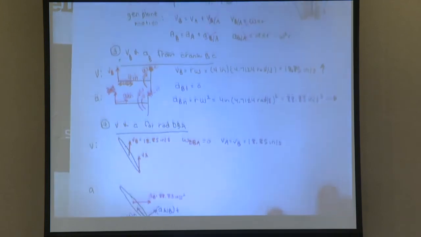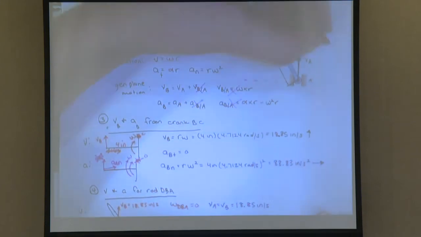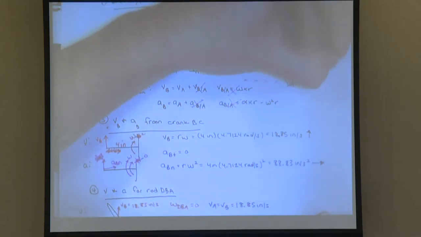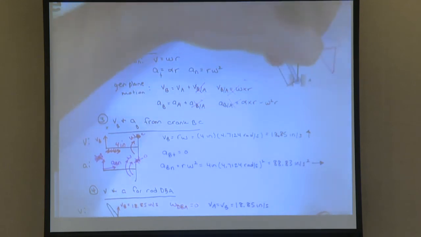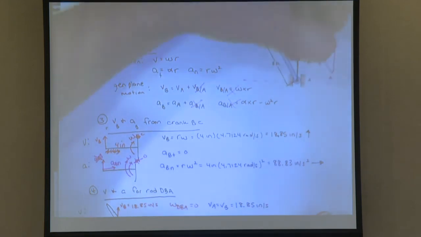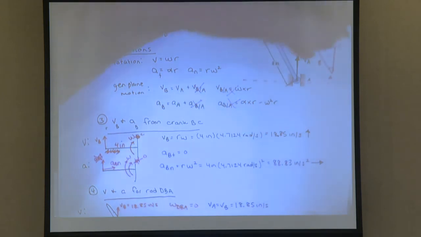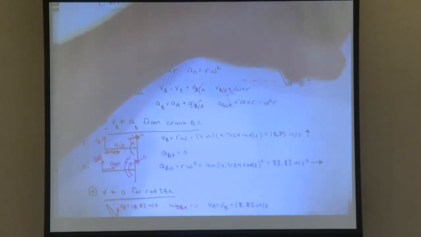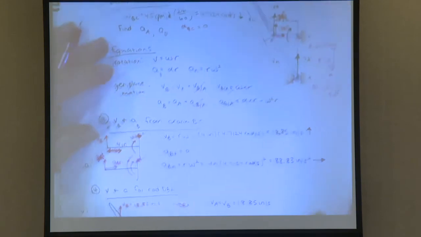So let's come back up to the top here. From the geometry, I'm going to redraw this little triangle here. This is C, this is B, this is A. So my hypotenuse is 8, this is 4, so what is this angle right here? So theta is going to be sine inverse of 1/2, which is 30 degrees.